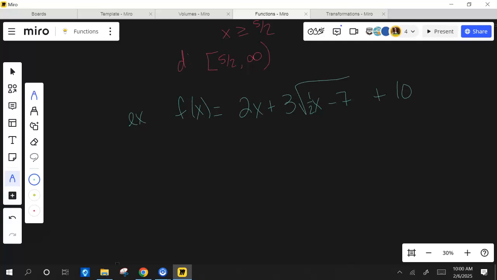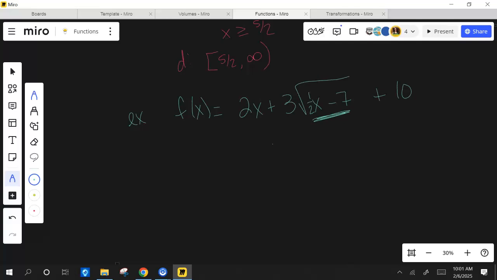I always start with the negative infinity to infinity domain, and then I look at what I can't have. So in this case, I'm negative infinity to infinity, but what can't I have? Well, I can't have that be negative. So how do I ensure it's going to be positive or zero? It could be zero.